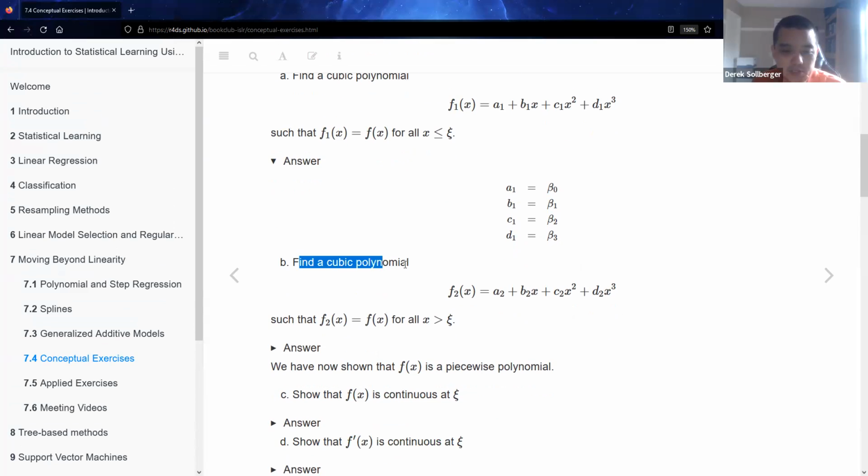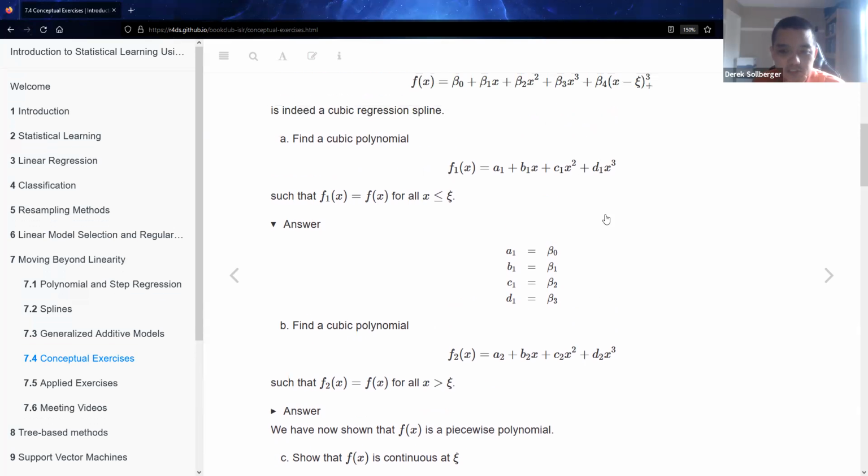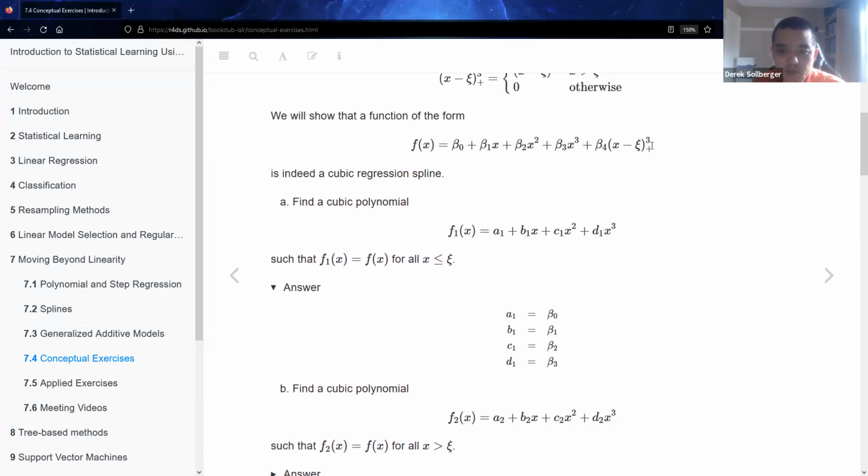Now, part B is the harder notion. Looking at the piece where x is greater than c, now we need to worry about this new term with beta 4.